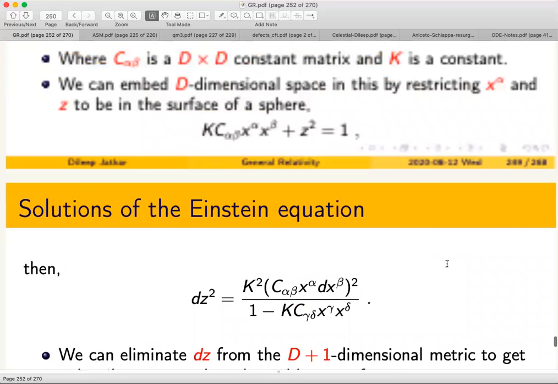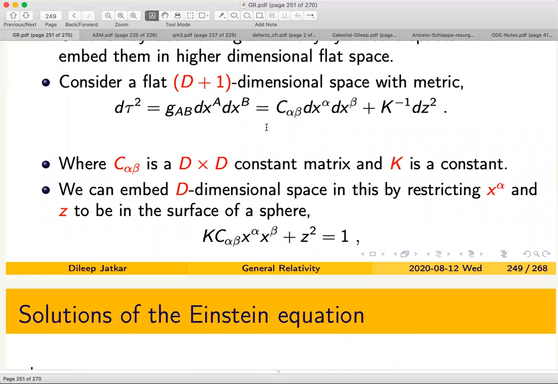So here's a flat space metric in d plus 1 dimensional space, and because it is flat space, and we have seen that the Minkowski space has d into d plus 1 by 2 isometries, you should be able to get all those isometries for this space. Okay. Now you are in d plus 1 dimension, so you will get d plus 1 into d plus 2 by 2 isometries here. Okay, but not all those isometries are going to descend down on this surface.